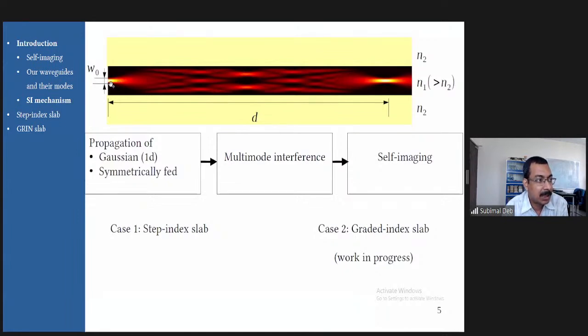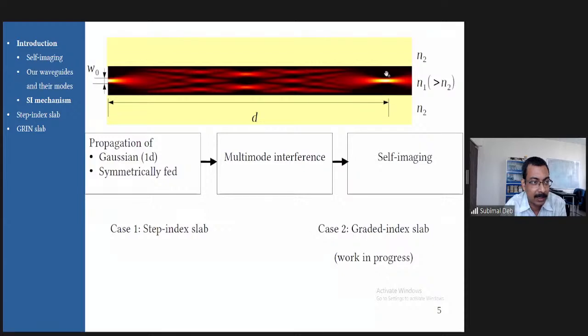As it propagates, the individual modes travel along the length of the waveguide, interfere, produce the interference pattern, and at a distance d, you will get the first self-image. Remember that this first self-image is a faithful replica of the input only up to a phase factor of -π/4.